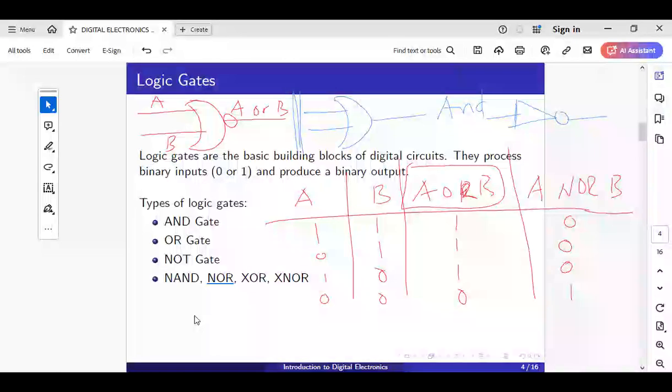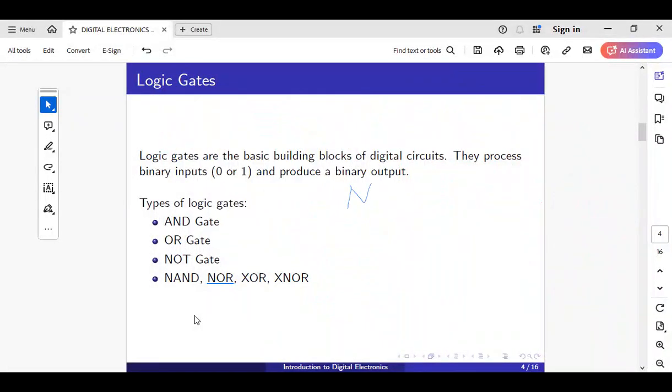Now we go to the NAND gate. NAND is the combination of NOT and AND. But always we begin with AND.